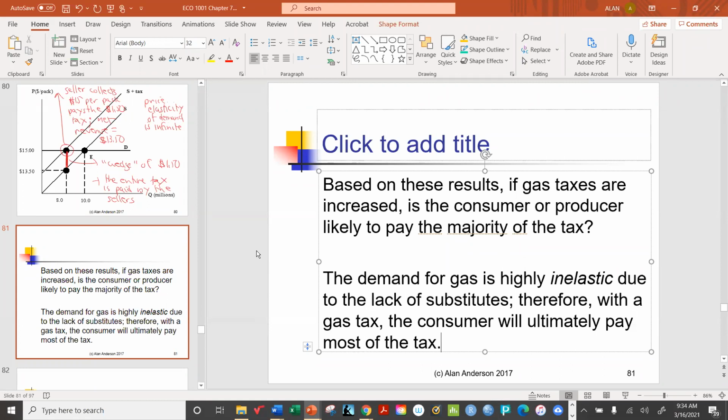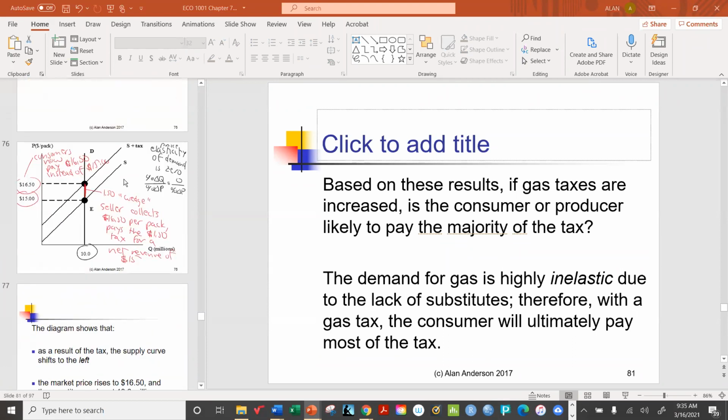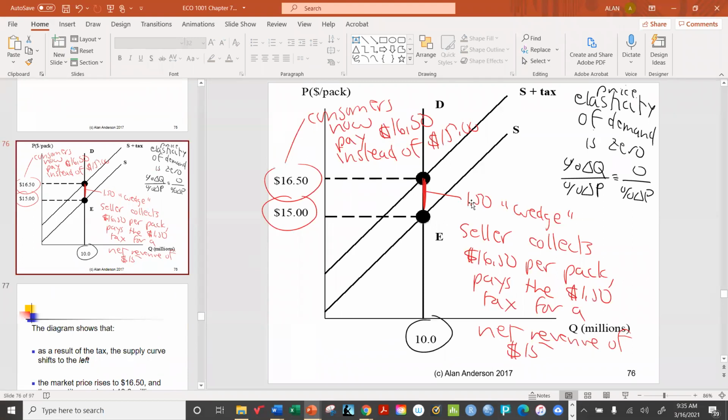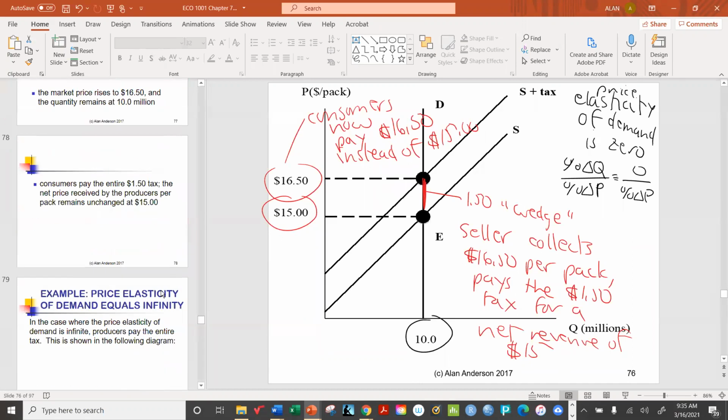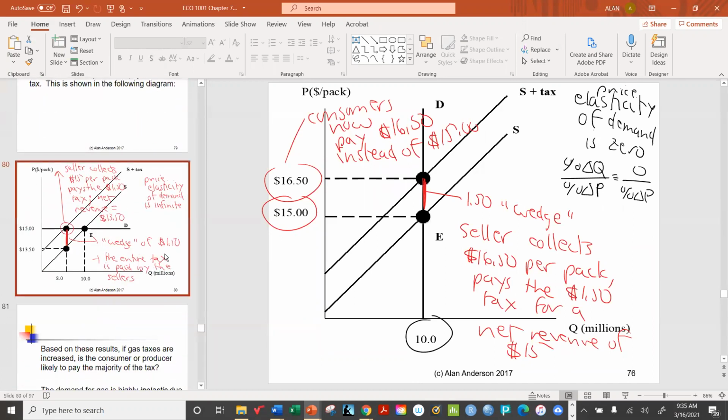Now, the demand for gas isn't vertical. It's not the case that there'll be no response at all to higher gas prices. Like here, for example, we're not quite in this extreme situation, but the demand curve would be very, very steep. And so the result of that would be the majority of the taxes, if not all of it, a very large percent, is going to be paid for by the consumer.